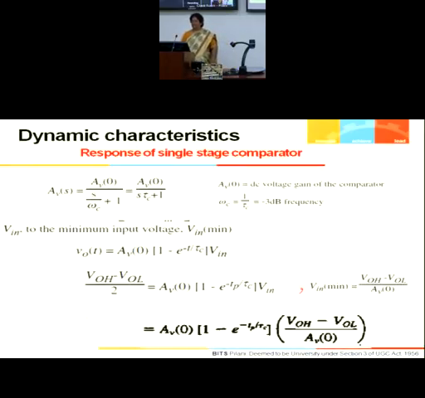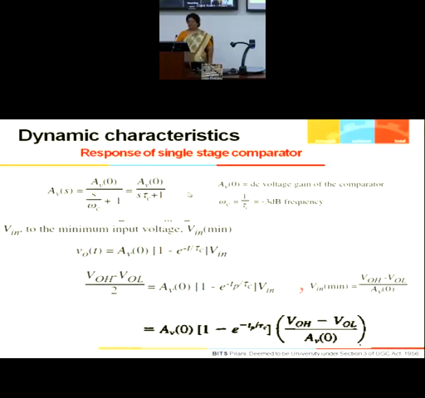Now, for the dynamic characteristic, we have to look at the response time, single pole transfer function. Omega C will be your first pole. Single pole transfer function means only one pole. That means your time constant is tau C, that is, 1 by tau C will be your 3 dB frequency.